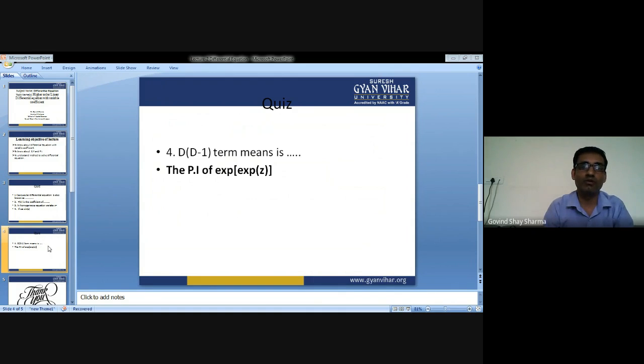The PI of exponential e to power z: we can also write e to power z. This question on PI is covered in the first lecture, the first example, which is based on e to power z. Then we find the PI.